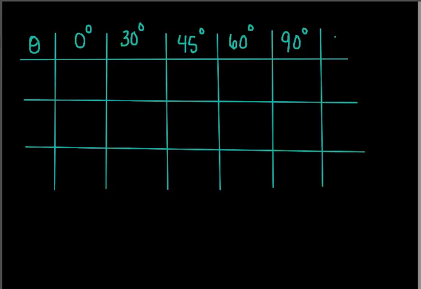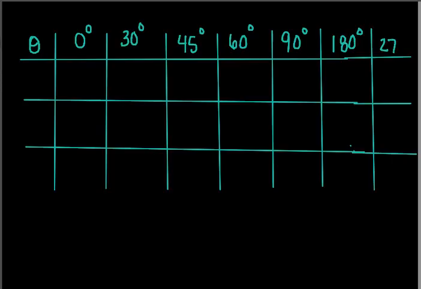I'm going to need a couple more: 180, and then 270. Why didn't I keep going after 270? Because we came back around, and we're going to be at 0. So my next one would be 360, which is the same as 0. It just starts repeating itself.